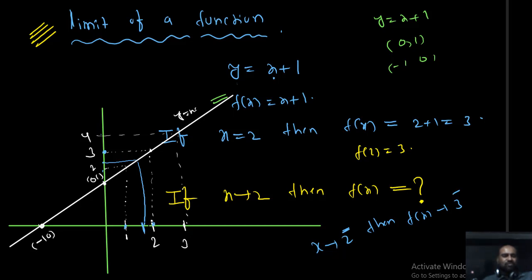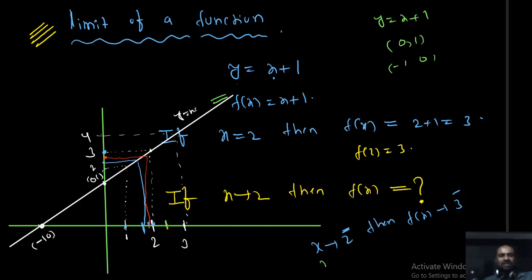So somewhat nearer, I want to take x here, somewhat nearer to 2, which is less than 2. So automatically the corresponding y value is here, which is nearer to 3 and on the left hand side of 3. Now I want to take x here, higher values of 2.